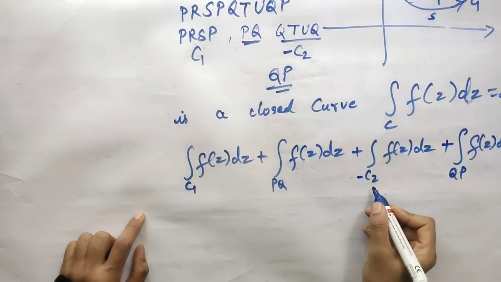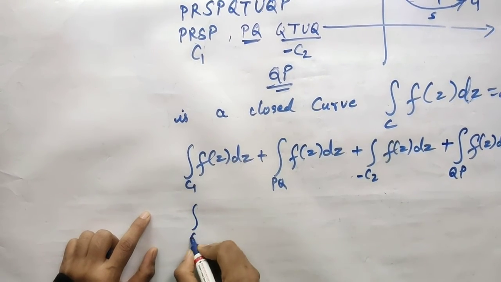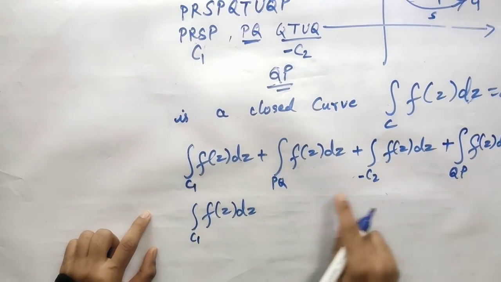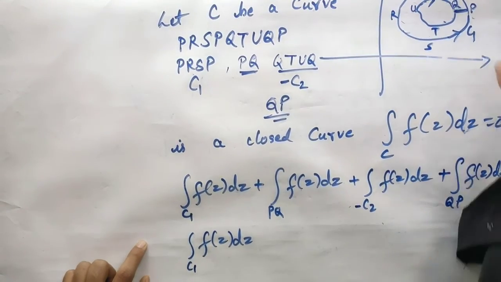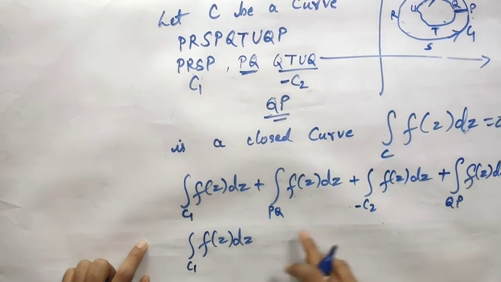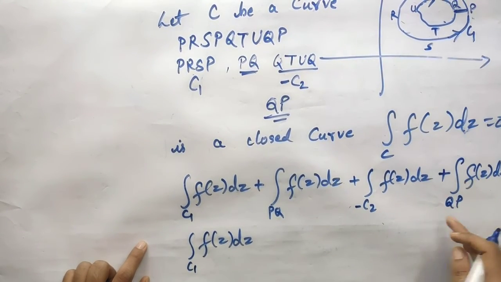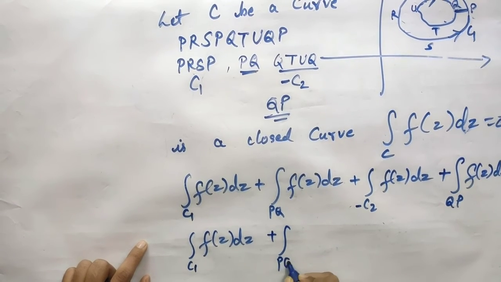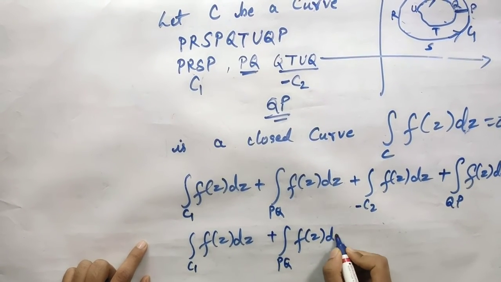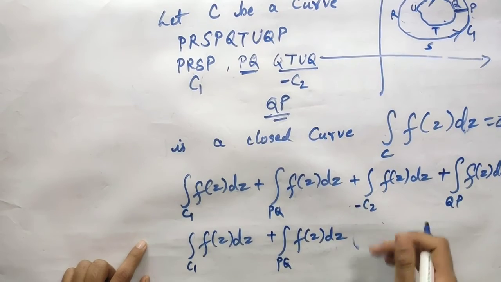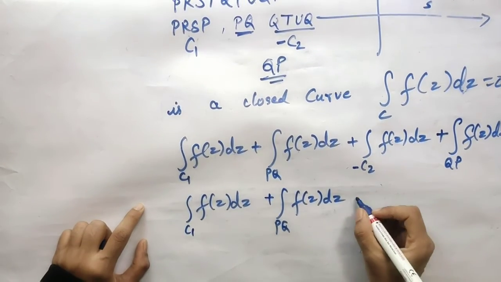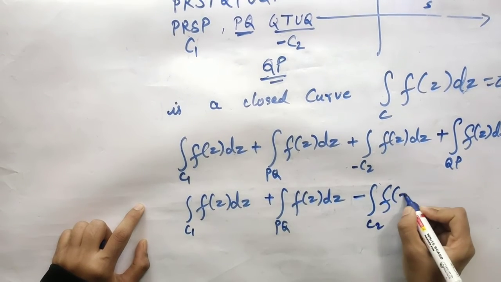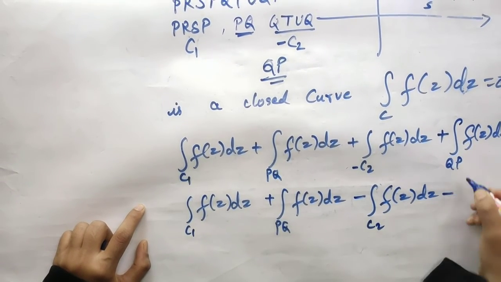Now C2 is minus, so we have integration along C1 of f of z dz. PQ and QP are integrations along the same line segment, one going from P to Q and another going from Q to P. They will get cancelled, by the properties of integrals.